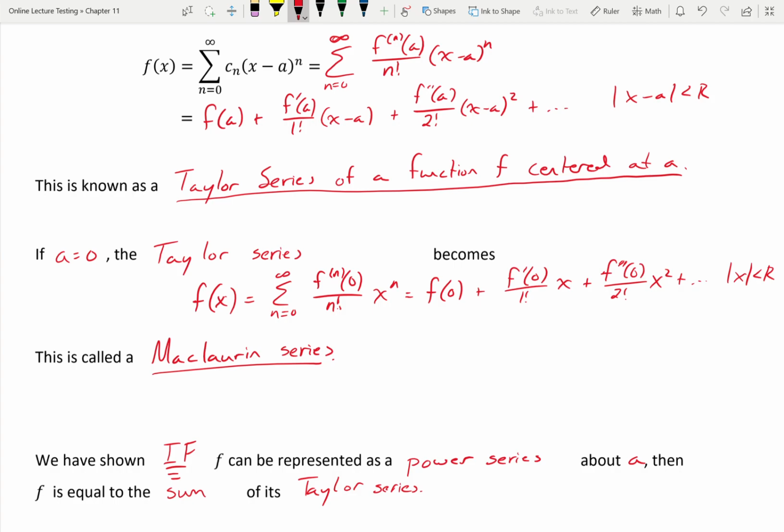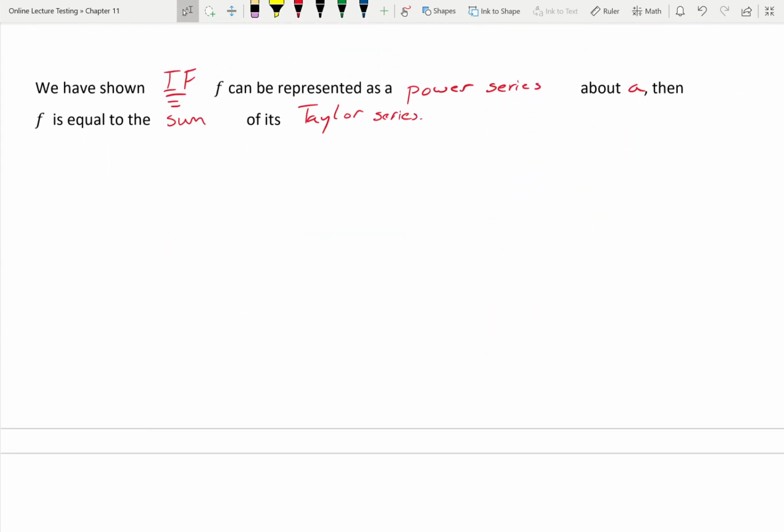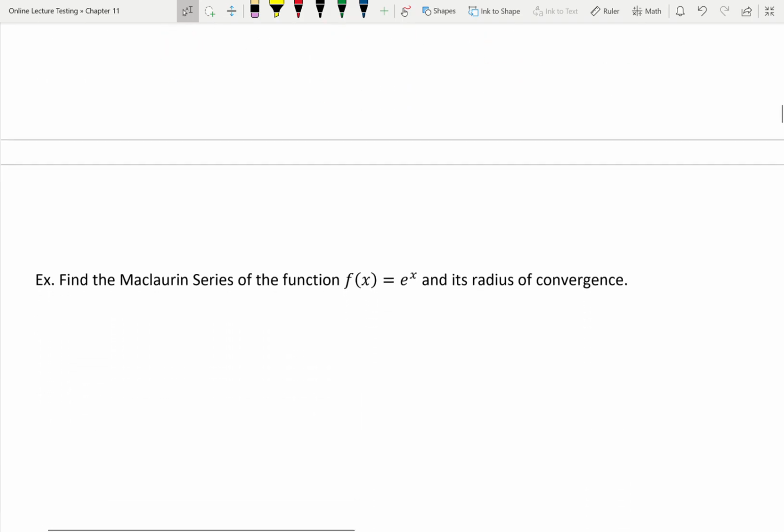So what we're going to do is look at a very specific example, e to the x, because this is a nice one. The reason we deal with this one first is because it gets our feet wet. We're not being pushed into the deep end. Take a moment and see if you can figure out how you can find this Maclaurin series.